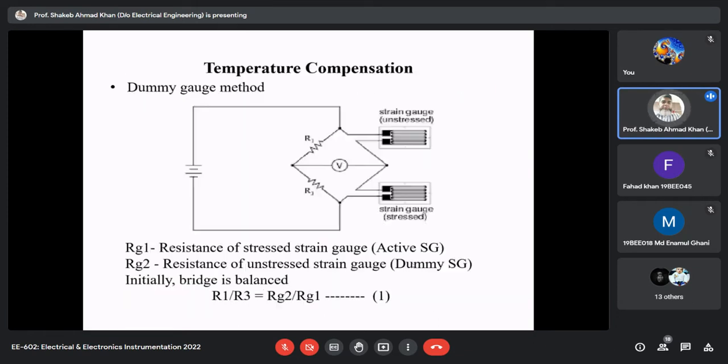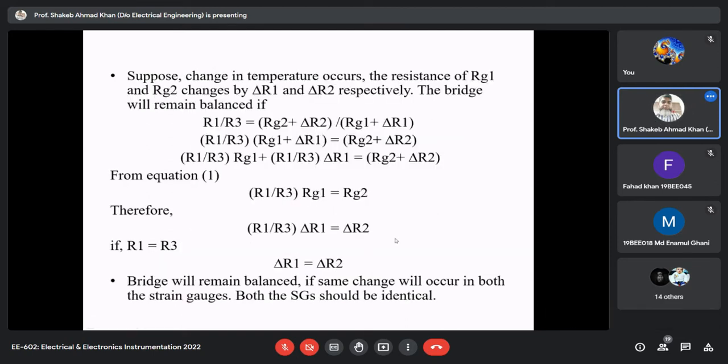Here in this case, we started with a balanced bridge. Initially your bridge is balanced, and then there is a change in resistance in both the strain gauges. If the change in resistance of these two is the same, then your bridge will remain balanced. Is it fine to all of you?